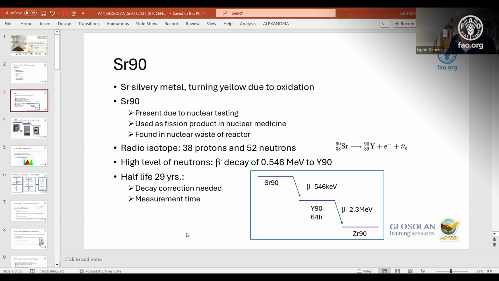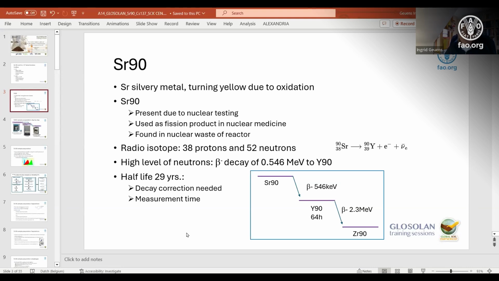So it goes from strontium-90 to yttrium-90 with beta emission, because one of the neutrons can go to a proton, emitting then an electron and an antineutrino. So the high level of neutrons gives us a beta decay, and it goes to yttrium-90 with an energy release of 0.546 milli-electron volts.